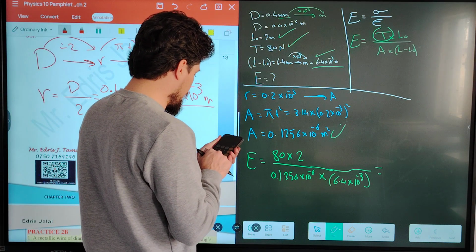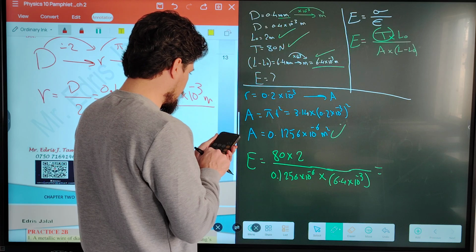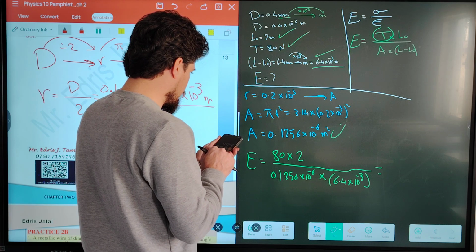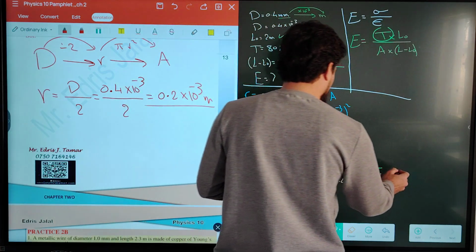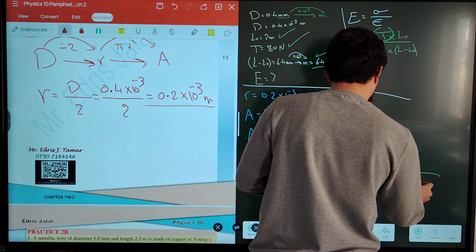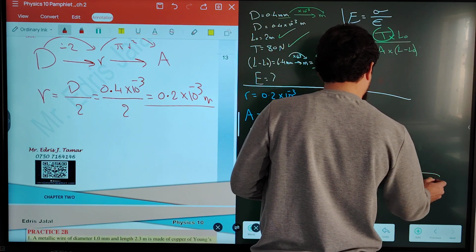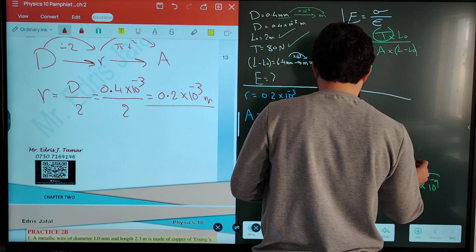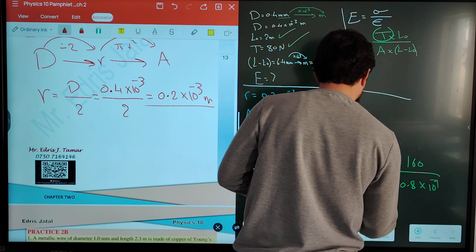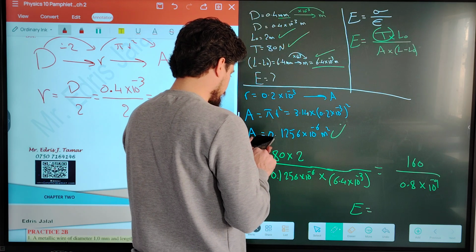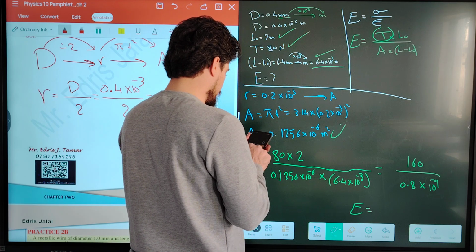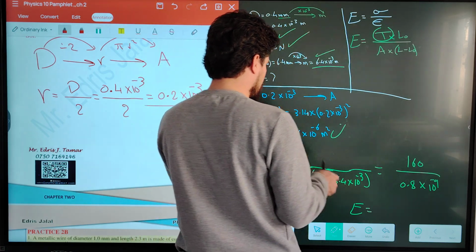Now I'm going to do it. Okay. Times, is equal to 0.8 times 10 power negative 9. 80 times 2, divided by 0.8 is equal to 200.